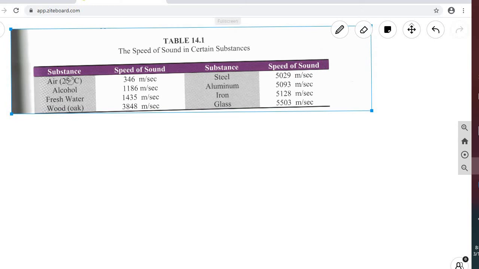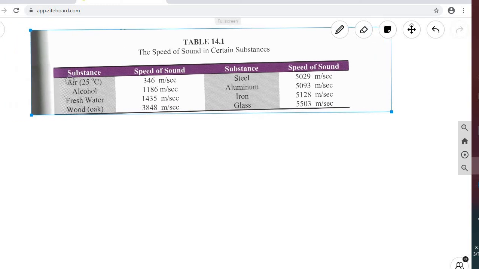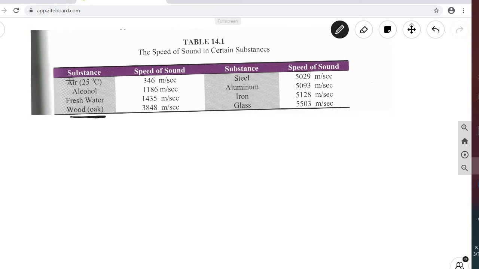As you look at this, you'll notice that the fastest speeds of sound are for solids. So wood, steel, aluminum, iron, and glass. So these speeds of sound are in the 5,000s, and this one's almost 4,000. So sound travels fastest in solids.